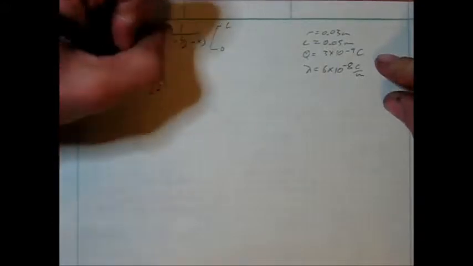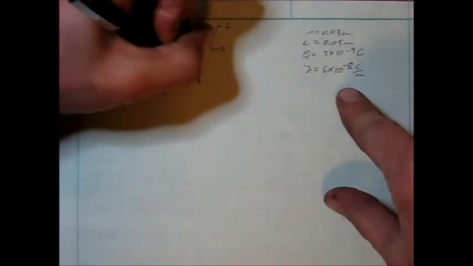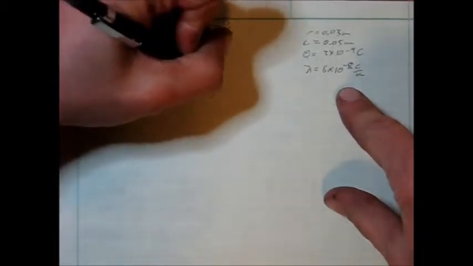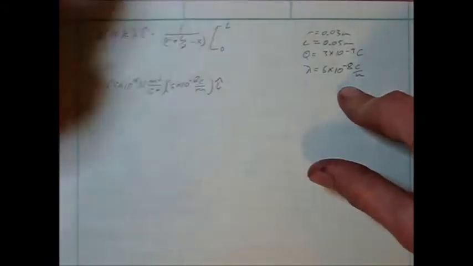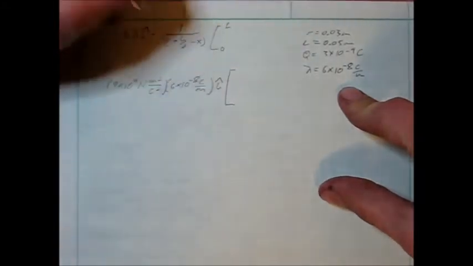That's just the way I write it. Times our charge density, which is 6 times 10 to the negative 8th coulombs per meter, times i hat. Okay, so we know that it goes in the x direction. Times the quantity of this thing we have to evaluate here.